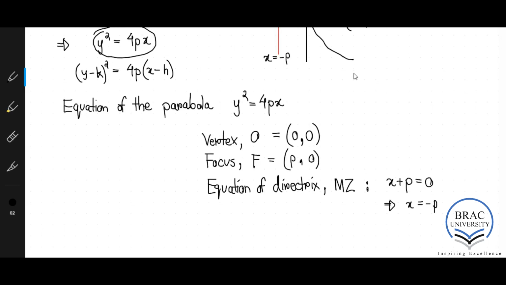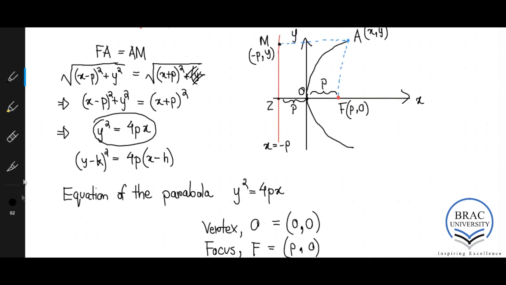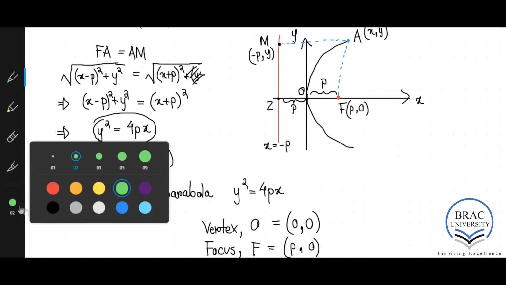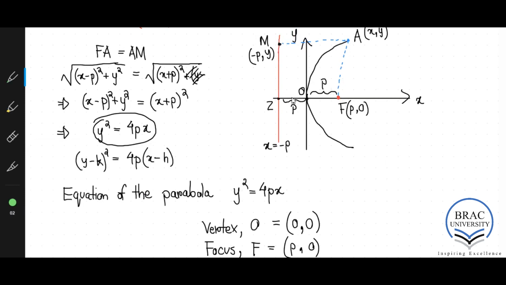We can also talk about an axis of symmetry. So let's see what that is. The axis of symmetry is a line that divides the parabola into equal symmetric parts, as you can see, the top and the bottom here. So this line, as you can see here, is y equals 0, right?